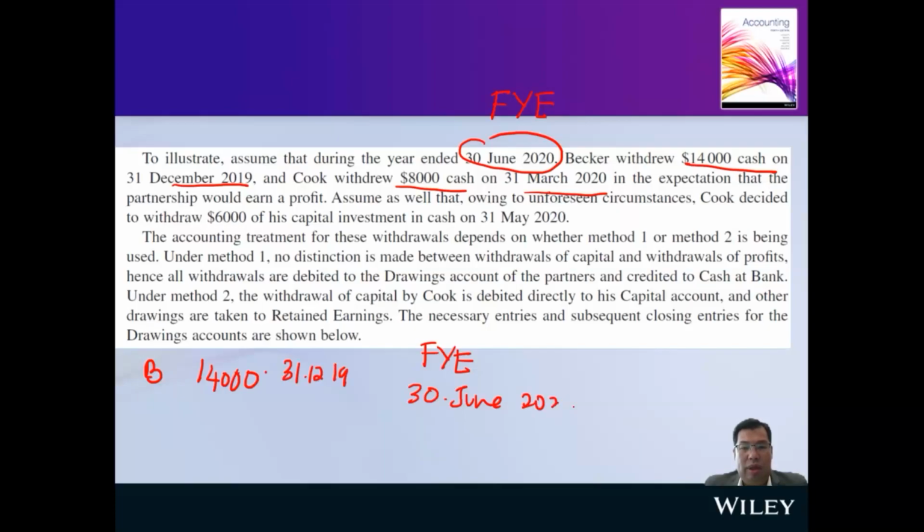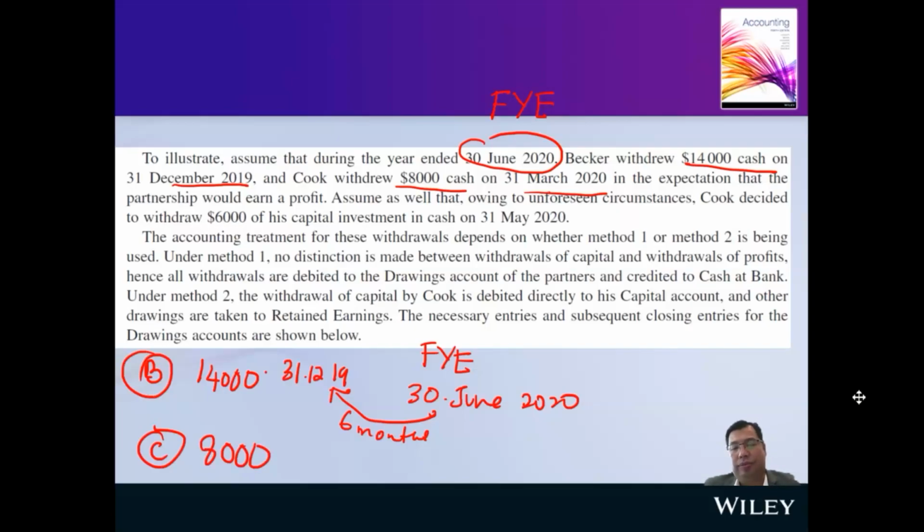To 30th June 2020, how long is this? 6 months. So we're going to charge interest for 6 months. On the other hand, Cook withdrew 8,000.